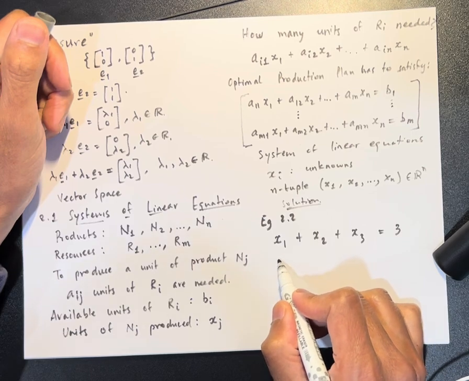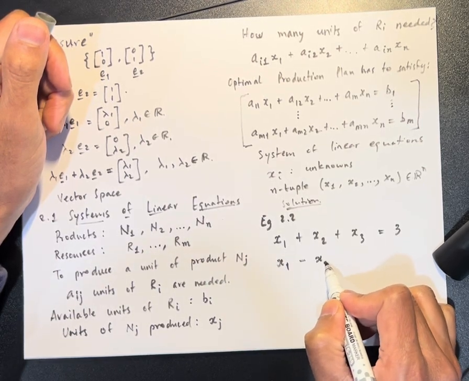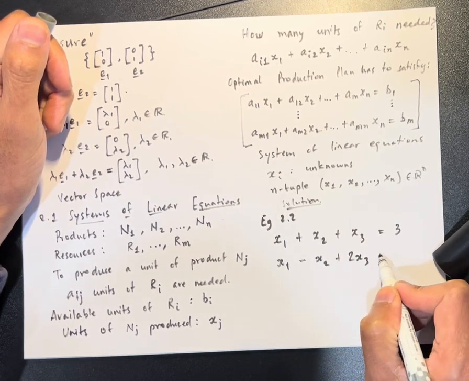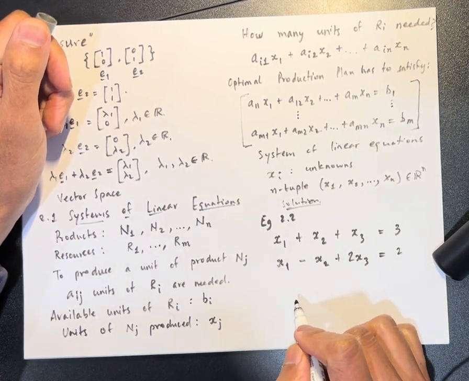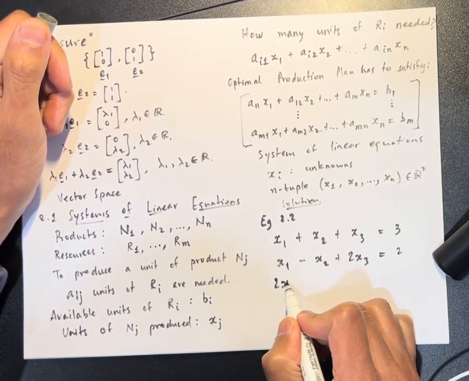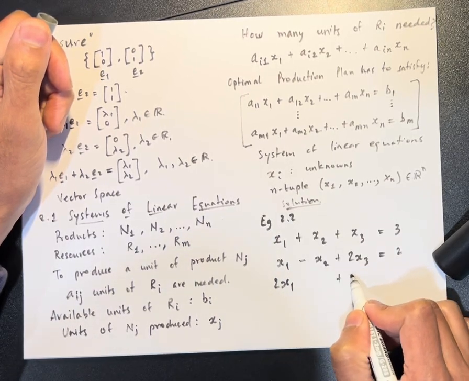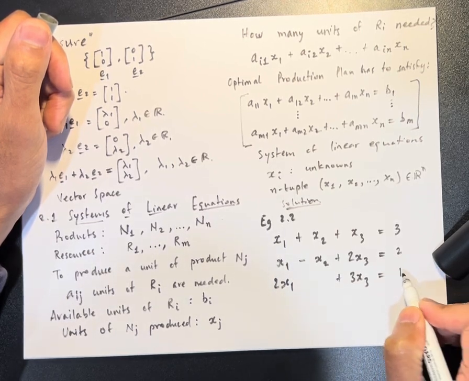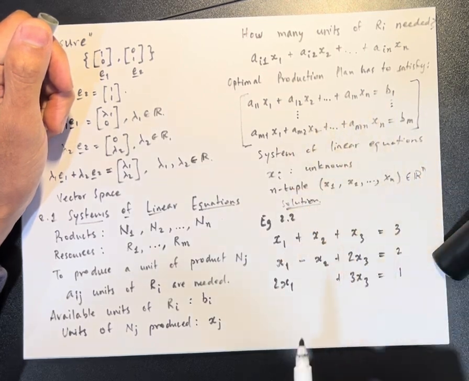The next equation is x1 minus x2 plus 2x3 equals 2, and then 2x1 plus 3x3 equals 1. So these three equations are given, and they are of the form of a system of linear equations.